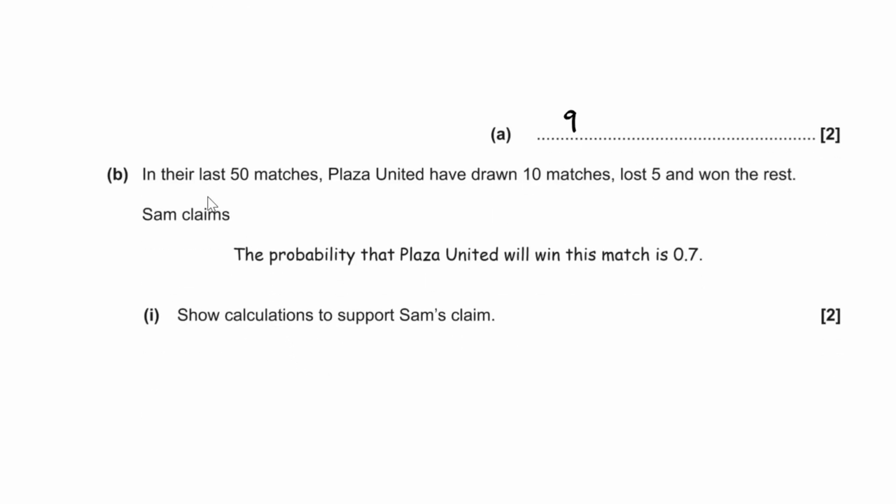Now for part B, in their last 50 matches, Plaza United have drawn 10 matches, lost 5 and won the rest. Sam claims the probability that Plaza United will win this match is 0.7. Show calculations to support Sam's claim.